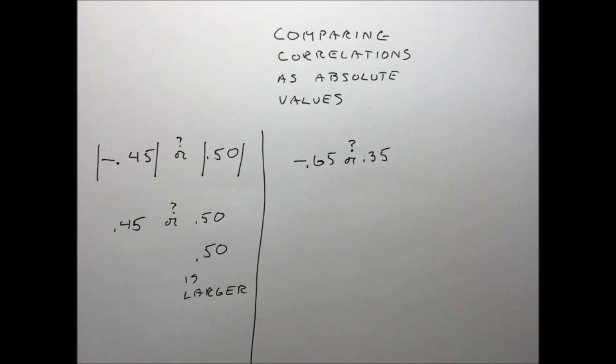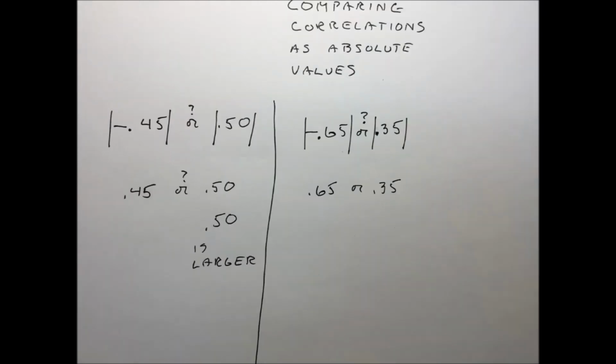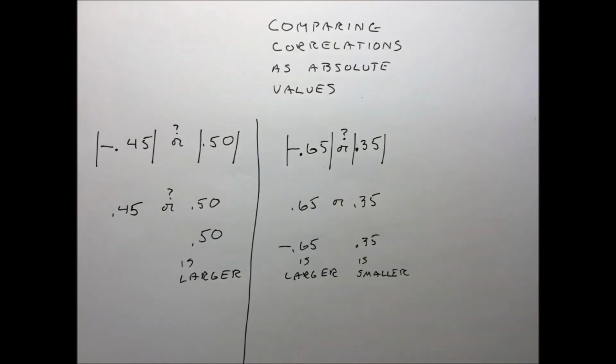Let's try another one now using the same technique. Which of these two is bigger? You're going to take the absolute value of both of them. The vertical lines mean that you're going to take the absolute value of the two and then compare what's left. Do you see what the problem has turned into? It's really very simple right now. And so, of course, minus 0.65 is the larger and 0.35 is the smaller, because you're really considering their absolute values.